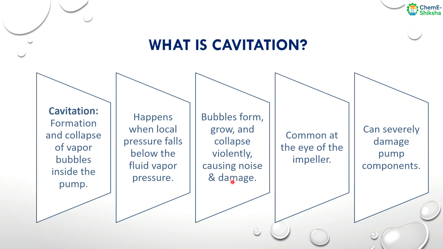When the vapor bubbles collapse, a vacuum is created, and to ensure there is no vacuum, the surrounding liquid will move and hit the metal surface of the pump, creating noise and damaging the pump components. This phenomenon is very common at the eye of the impeller, because there the pressure is minimum. If it is below the vapor pressure of the fluid, then cavitation occurs.